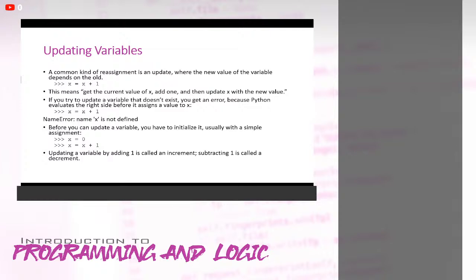The first reference to an x variable in our program is x equals x plus 1. So if x doesn't already exist as a standard value that we can add to, then we can't add 1 to something that doesn't exist, so we get a name error, which is name x is not defined.